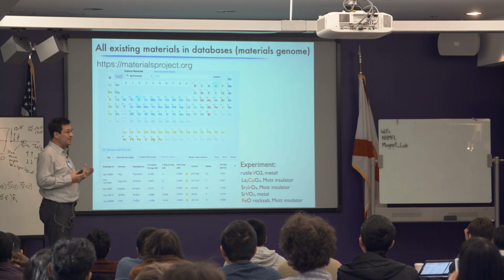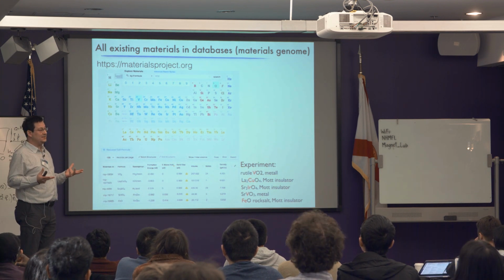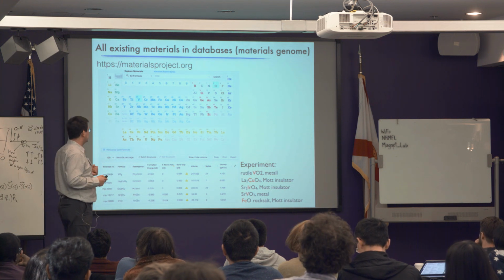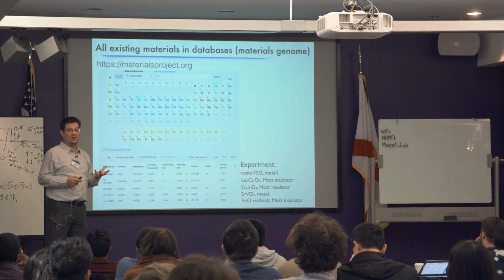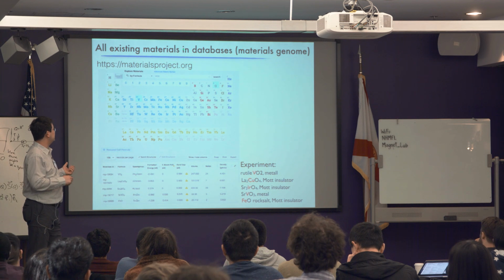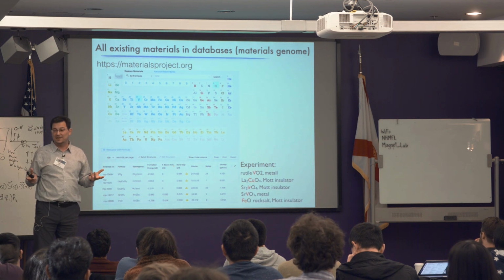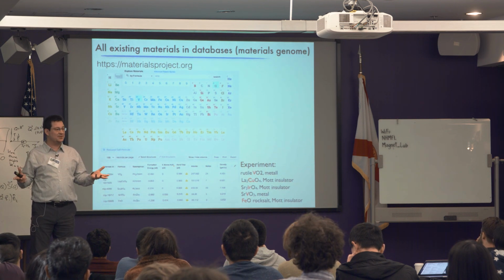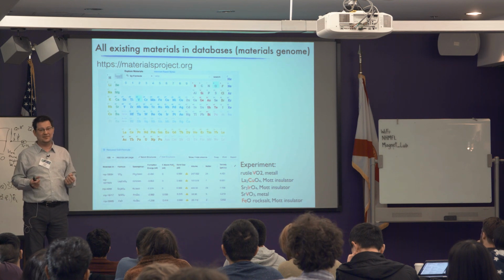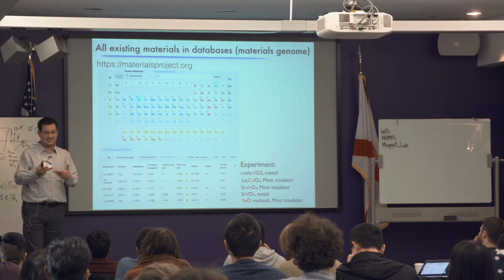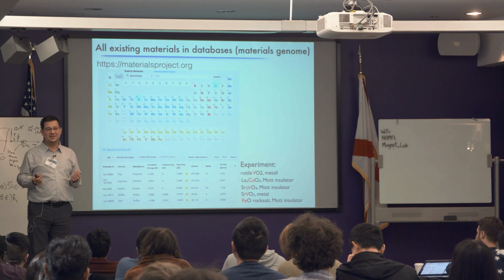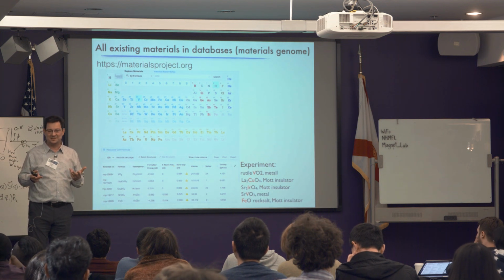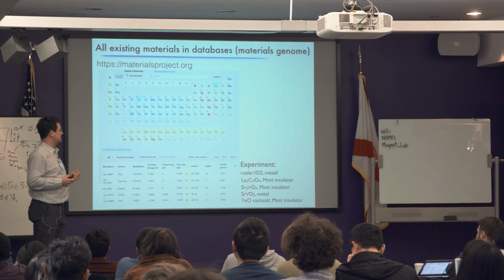However, in correlated systems, it's not that easy. Life is more complicated. So the idea of the materials genome was that we would put all existing materials in a database, calculate physical properties from it, and then our computer scientist colleagues could do some searching in the database and find all kinds of interesting phenomena.